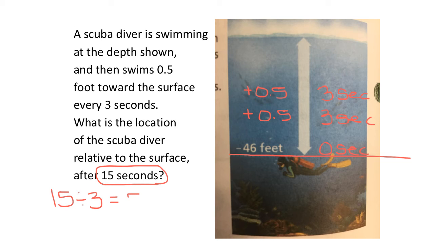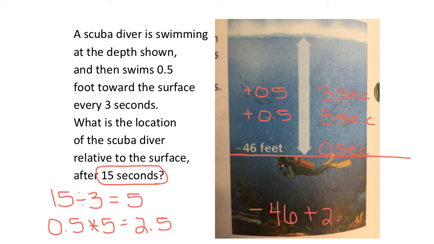And we find out that he is making a change to his depth 5 times. How much change? Well, we know he's changing by 5/10 of a foot, but he's going to do that 5 times. This gives a total change of 2.5 feet. We can now take our negative 46 and increase it by the 2.5 feet and now have a distance of negative 43 and 5/10 feet.